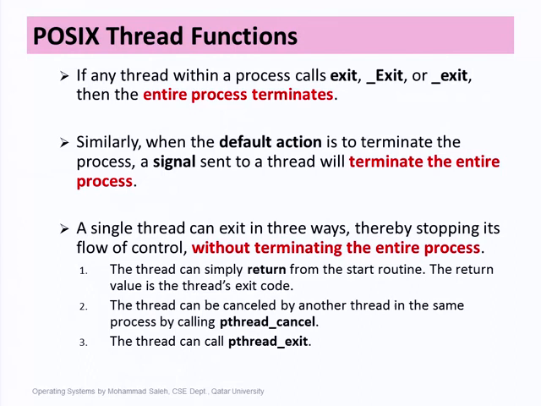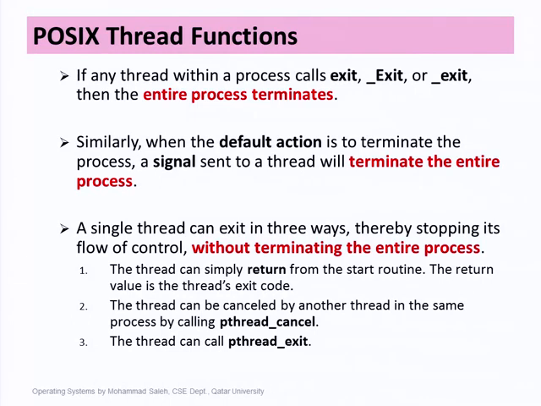We also mentioned something before about exit, the _exit with capital E or the one with small e. When you call it in any thread, and we also mentioned that the process is one stream of control, which means one thread, it will terminate the whole process.